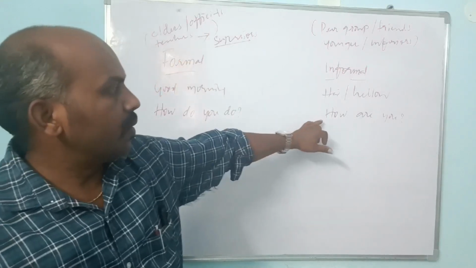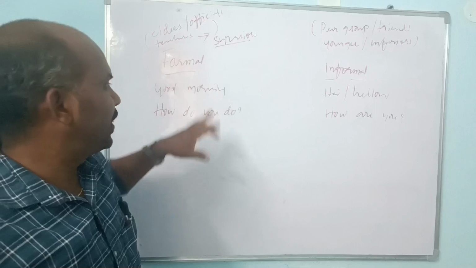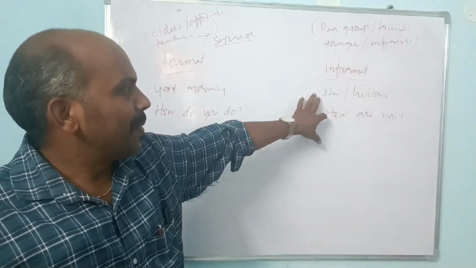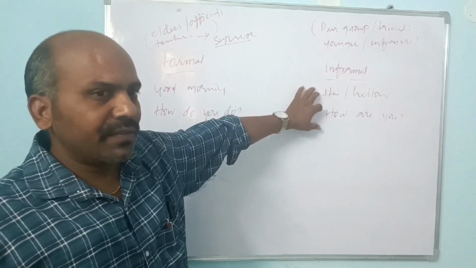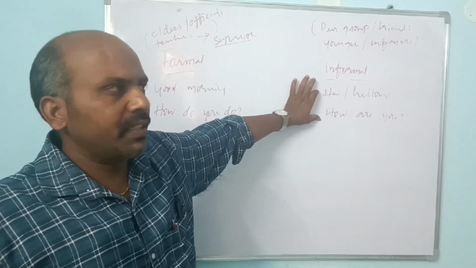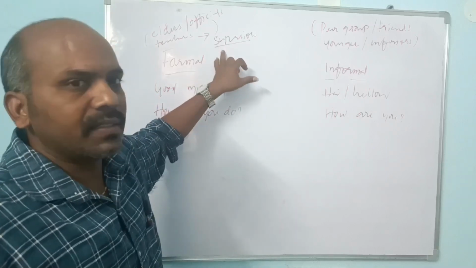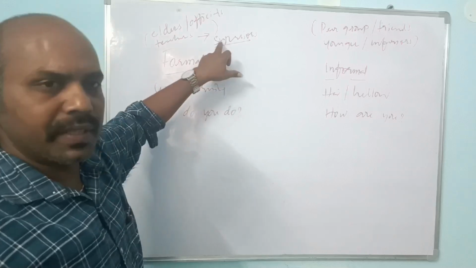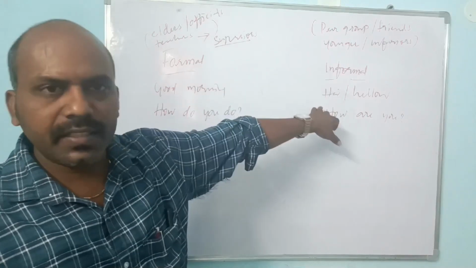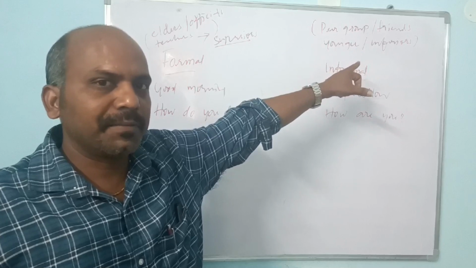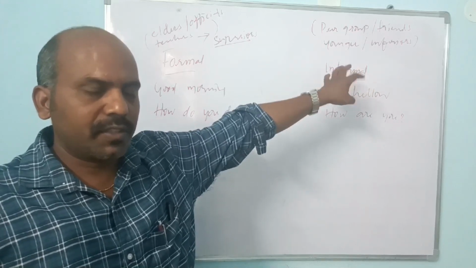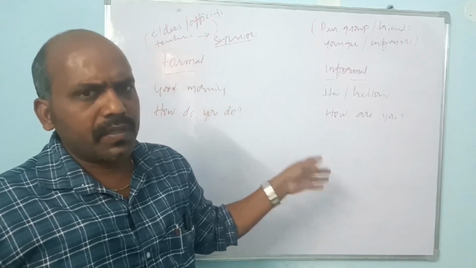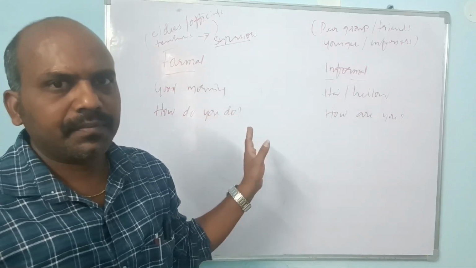We don't use how are you with superiors, because it is informal and we use it for inferiors. If we use it with superiors, it is wrong. And the expressions we use for superiors, if you use them for inferiors, no problem, they actually feel proud.